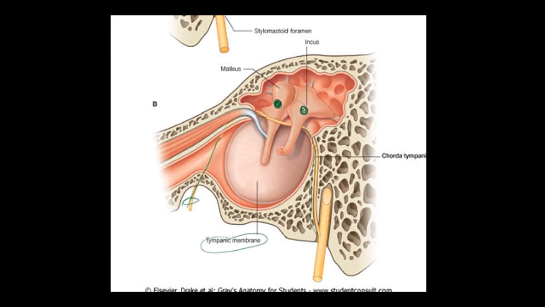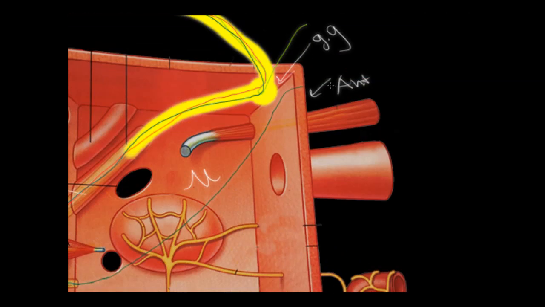So it's entering here, between the incus and the malleus, entering into petrotympanic fissure. Now, once it entered the petrotympanic fissure, we'll continue its journey.